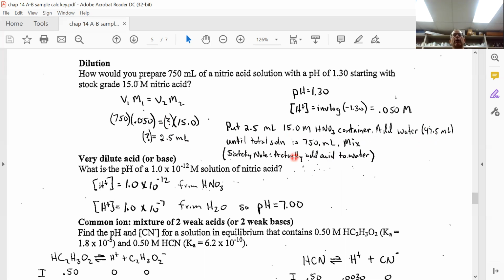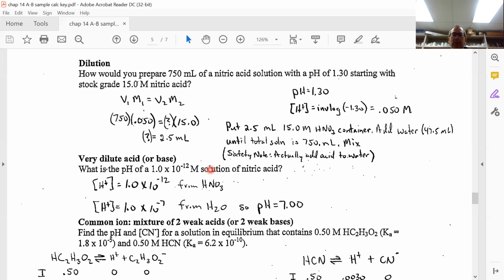So you put a bunch of water in, add the acid, then top it off with the final amount of water. With such a small volume of acid, I wouldn't be as concerned, but if you were dumping a larger amount, the rule of thumb is to always add acid to water so you don't spatter.